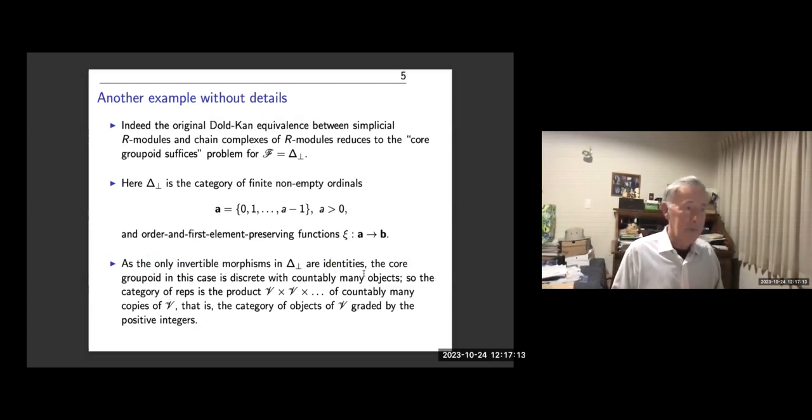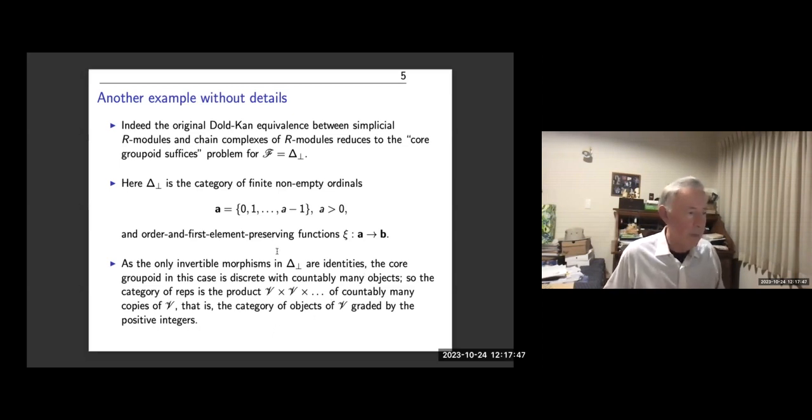where you really can reduce the equivalence of the Dold-Kan theorem to this groupoid suffices problem for the simplicial category. The simplicial category has as objects the finite linearly ordered sets, and linearly ordered maps between them. But if you now also take the first element preserving ones, so this delta sub bottom is the category of finite ordinals, linear order preserving maps, which also preserve the bottom element.